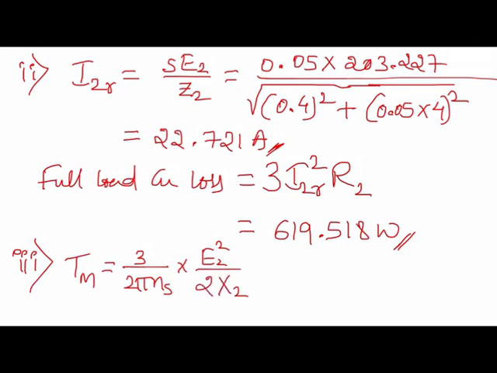The condition for maximum torque is that the slip should be equal to R2 divided by X2. When this condition is satisfied, we achieve the maximum torque in the induction motor.